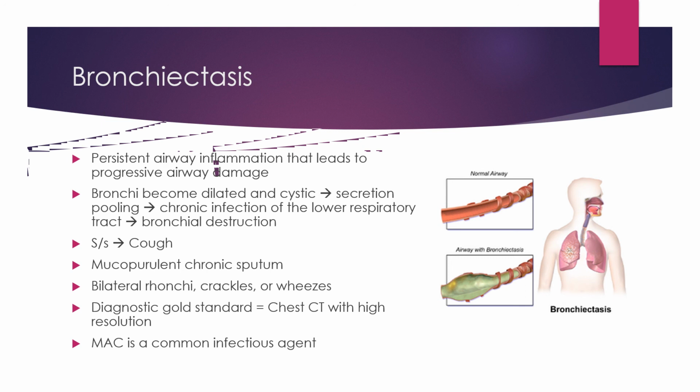It causes severe bronchial destruction. The main symptom is cough. They will have this mucoid, chronic sputum all the time, unless they're sick, then they get a purulent sputum. They have bilateral bronchial crackles and wheezing most of the time. The diagnostic gold standard is a high-resolution chest CT.